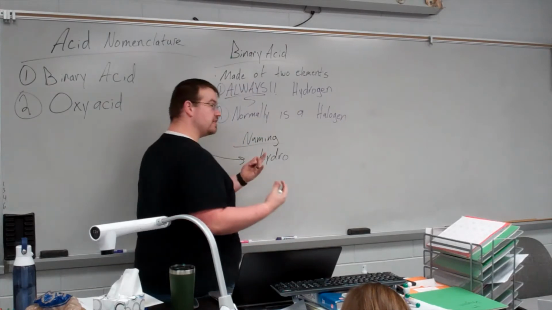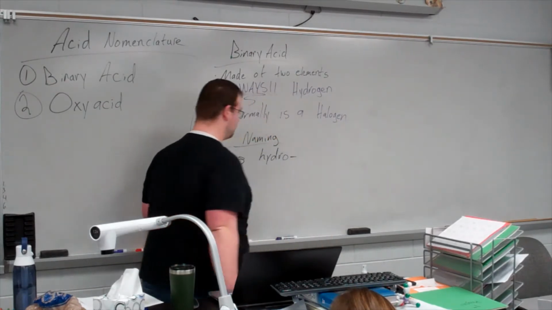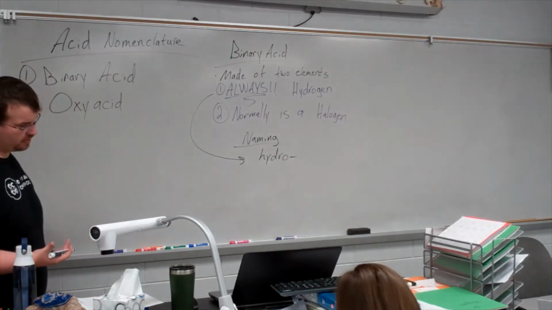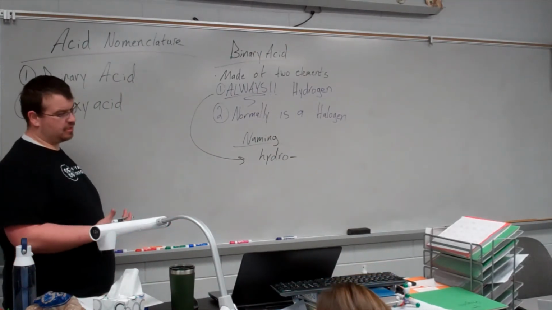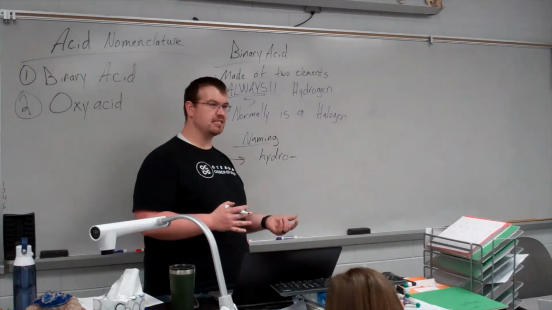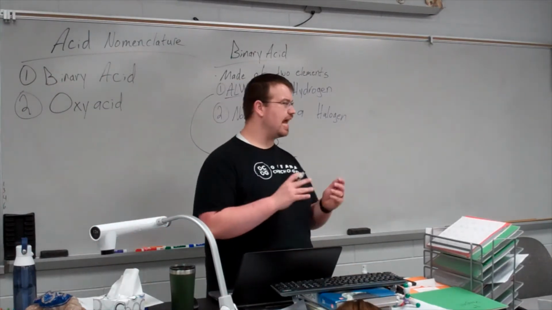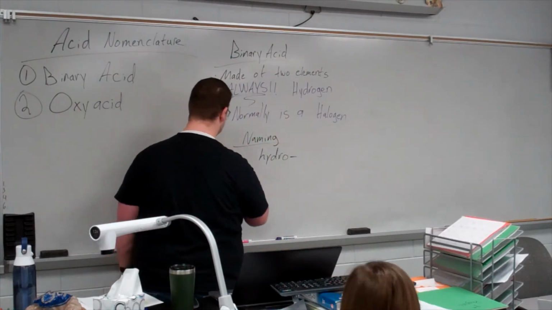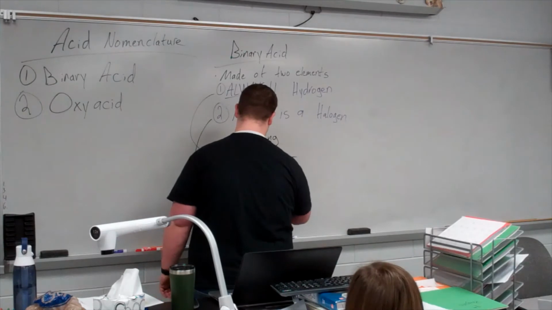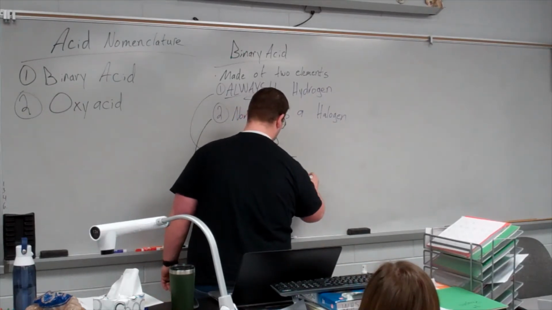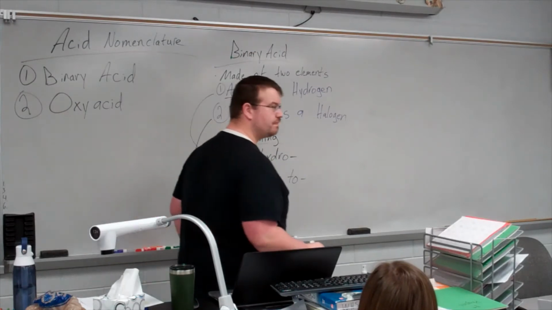And you guys have heard this before. You just hadn't realized it. And then you change the ending. You know how we've been changing the ending on everything, but we changed IDE? We now will change the ending to the suffix "ic."